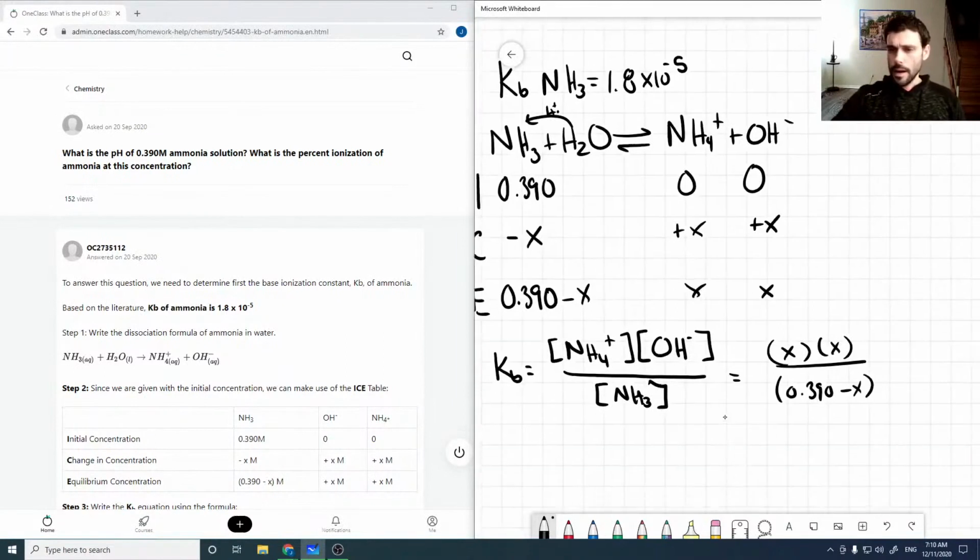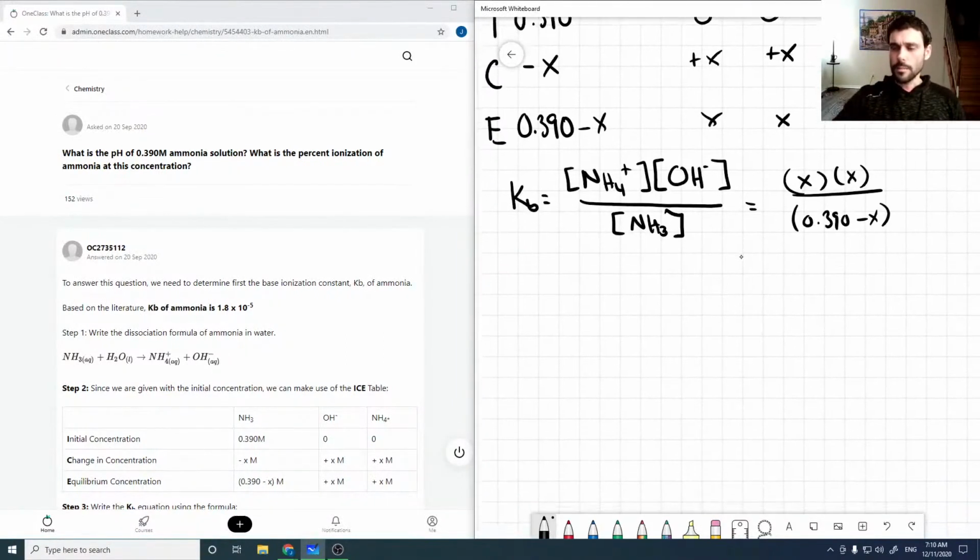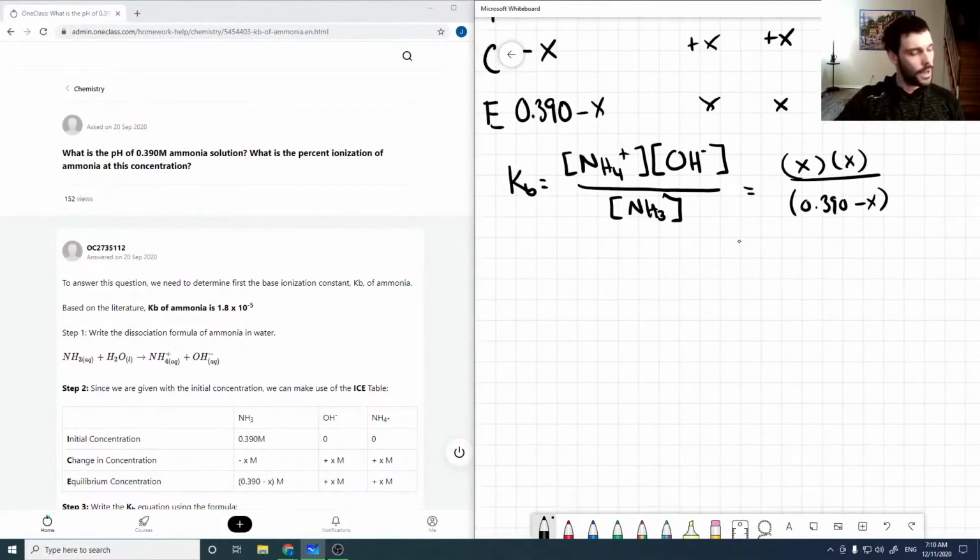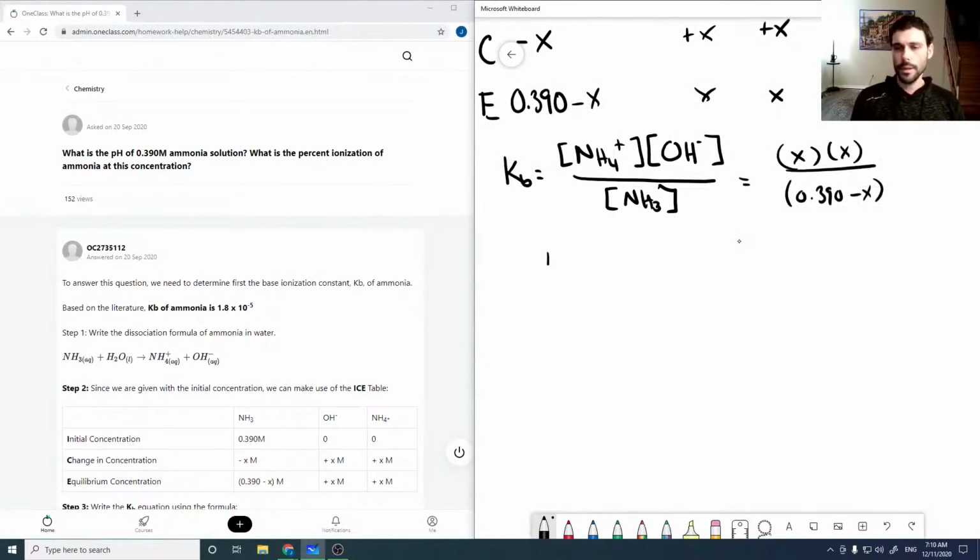And now I'm going to make a simplifying assumption that because Kb is 1.8 times 10 to the minus 5, our x is probably very small, and so this is approximately 0.390. And so this will just save us from having to use the quadratic equation.